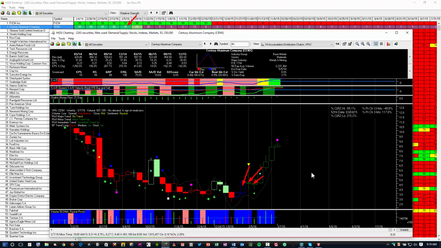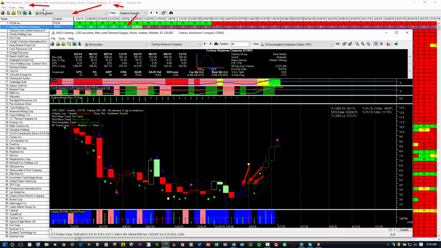It's because this stock is outperforming 95% of the other stocks out of this universe of 2,263 stocks. These are stocks that have to have a minimum of $5 trading 250,000 shares. So the ranking module only looks at stocks that are passing a filter in a folder.